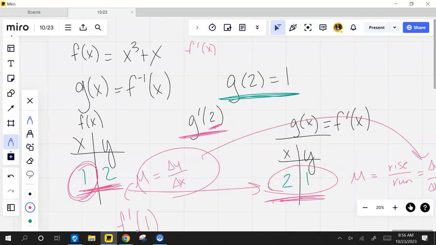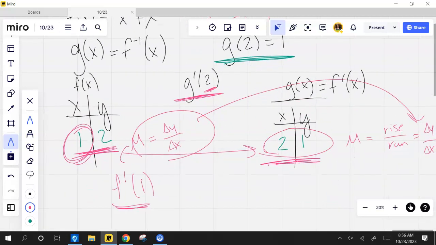The derivative here, remember, if you ever get stuck, take a derivative. It'll probably help you do something. 3x squared plus 1. Well, that's pretty easy just to find the derivative of, right? Derivative at 1. So if the derivative is 3x squared plus 1, then the derivative at 1 is 3 times 1 squared plus 1, which is 4.